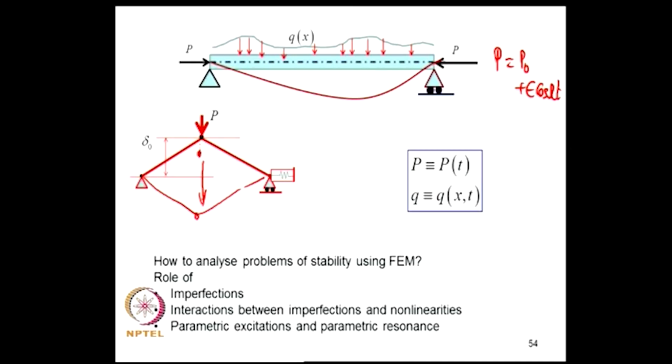Then we will consider built up structures like continuous beams and frames and so on, which carry axial loads or lateral loads. The question we will ask is, for a given loading configuration, if the entire loading configuration is increased in magnitude by keeping the relative values of loads at different places the same, at what value of the parameter alpha that increases the load will the structure lose stability.